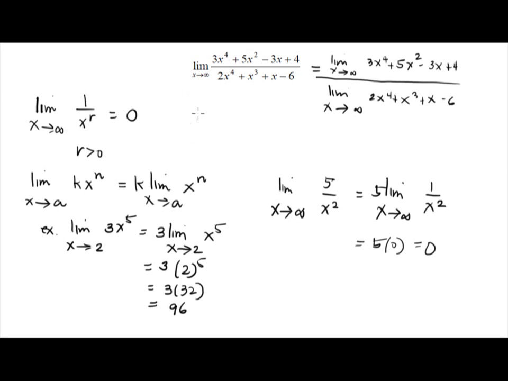Okay, now also I want you to take note that this expression, 3x to the 4 plus 5x squared minus 3x plus 4 all over 2x to the 4 plus x cubed plus x minus 6, will still be the same if I multiply this by 1 over x to the 4 over 1 over x to the 4, because basically this is just 1.